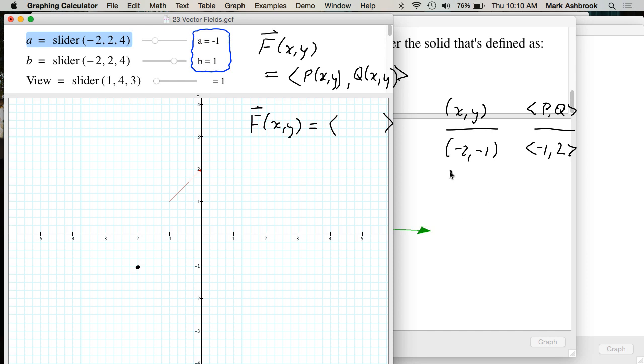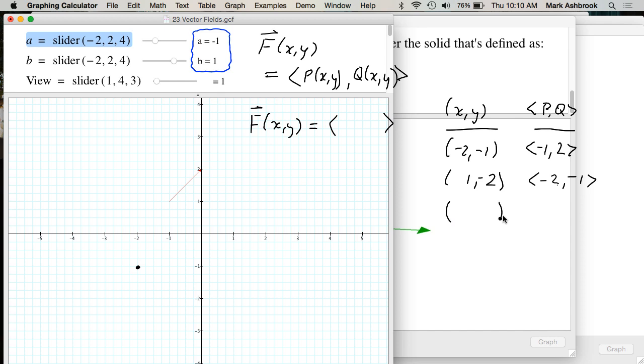So what was the second one? -1, +3? +1, -2? Okay, that gave us someone who's confident. -2, -1.